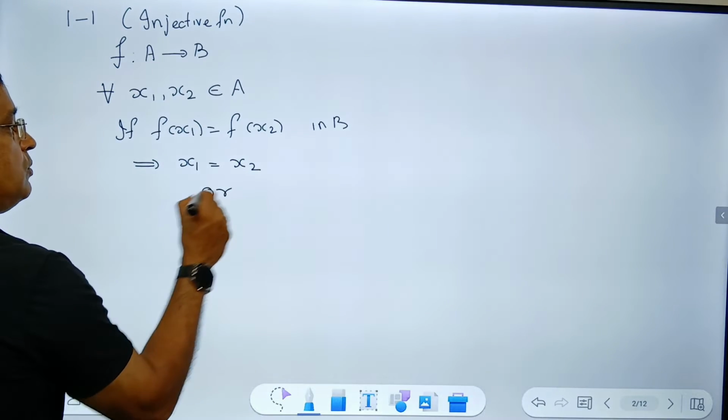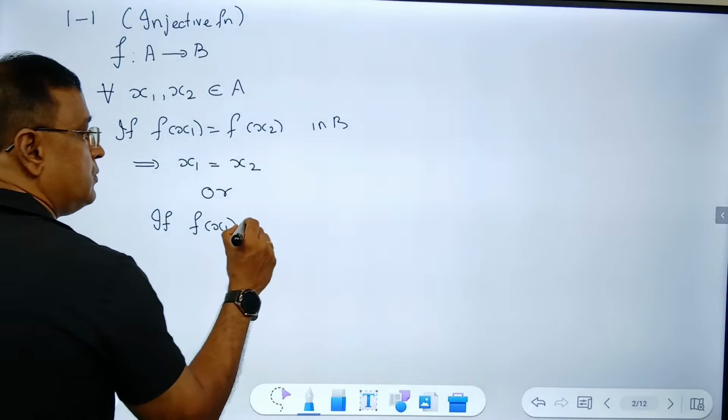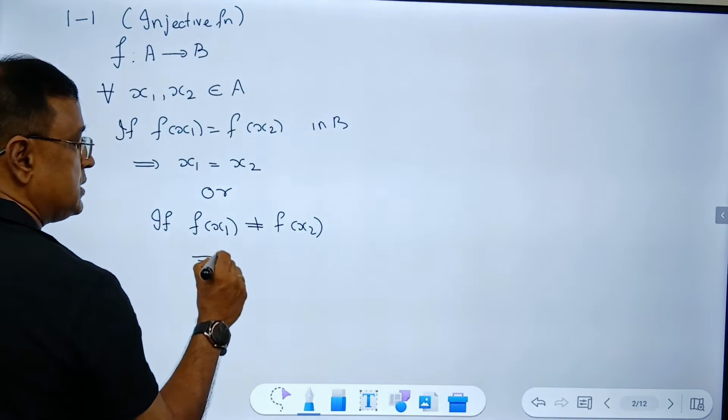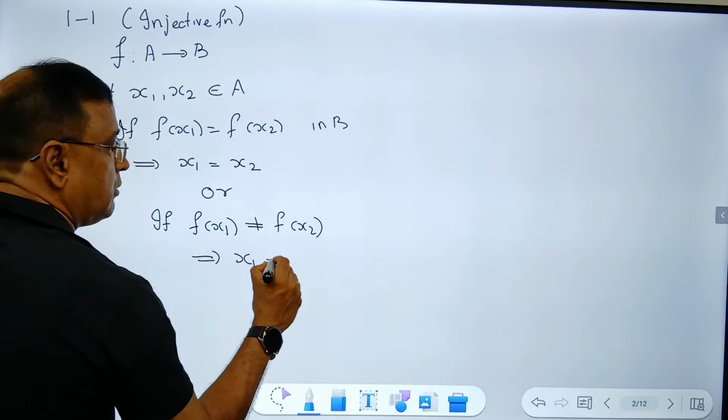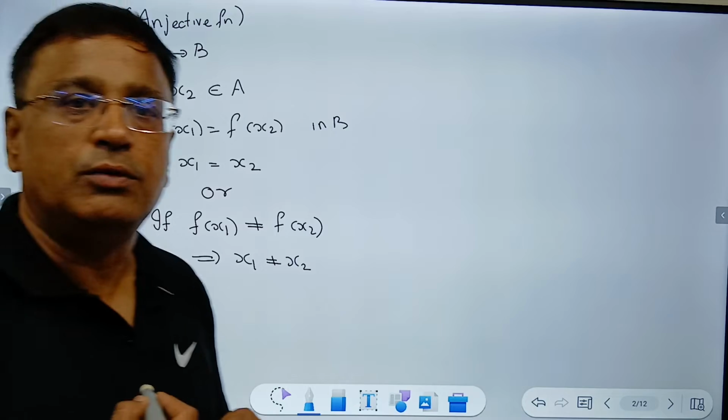Or, if f of x1 is not equal to f of x2, then you can always say that x1 is not equal to x2. This is the definition of a one-to-one function.